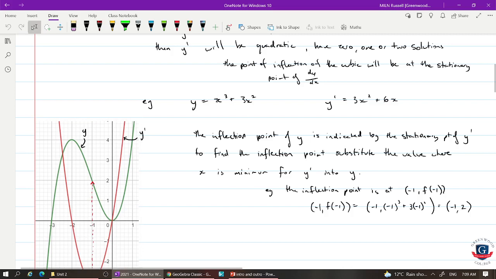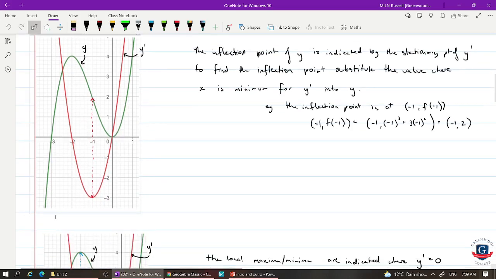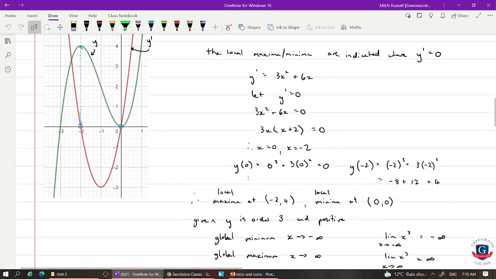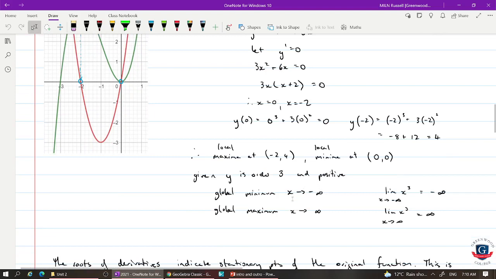Negative infinity cubed will be negative infinity. Negative times negative is still negative, and thus we can see it's going off to negative infinity down here. Thus we can get these two values. The limit of x cubed as x tends to negative infinity is negative infinity. As x tends to positive infinity, it's off to positive infinity.